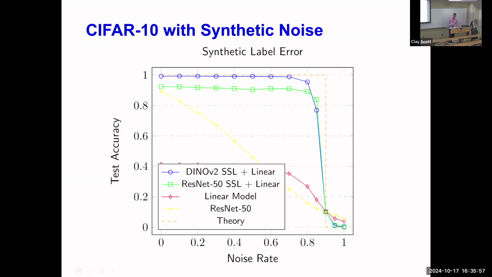As long as the noise rate is less than 0.9 in this case, this irreducible term goes away, because the clean and noisy Bayes classifiers agree everywhere.